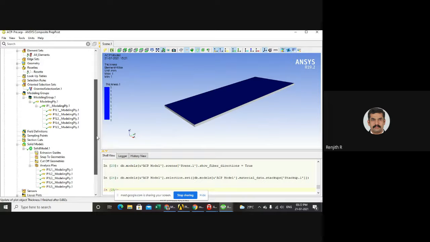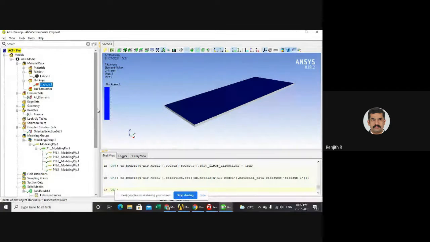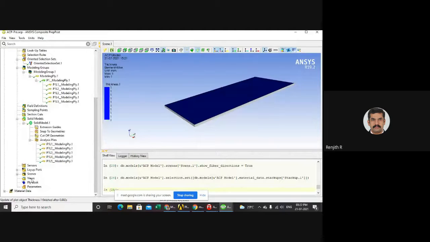And one more option ANSYS provides is if you want to change the number of elements or number of stack ups, you can set it as a parameter. That option is given here. Due to the time limitation, I'm not going to explain that concept. Okay, but this parameter is used to do that. To automate our analysis, we will use this parameter.